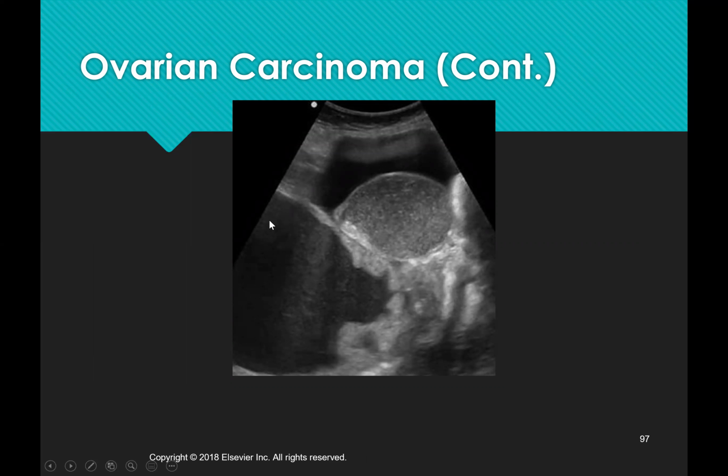This is all a cystic, nasty component here, with, look at these little papillary nodules within the wall. That's a sign of malignant disease. The other thing that you would see, if you put vascular flow on this, it would light up quite a bit.